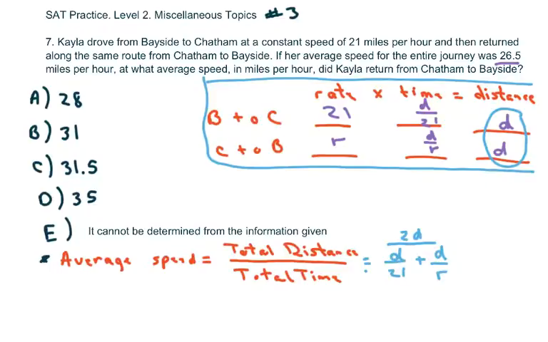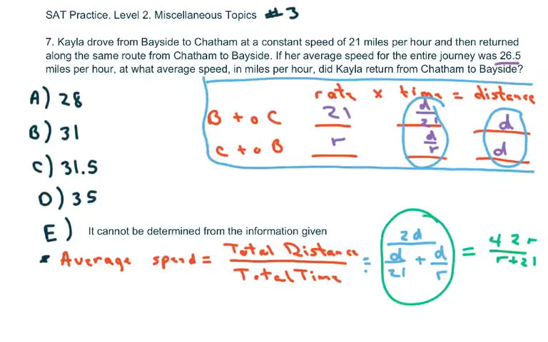I'm adding these two together for the denominator. And you simplify that, but we have to save some room here. So when you simplify this, you're going to get 42R over R plus 21.